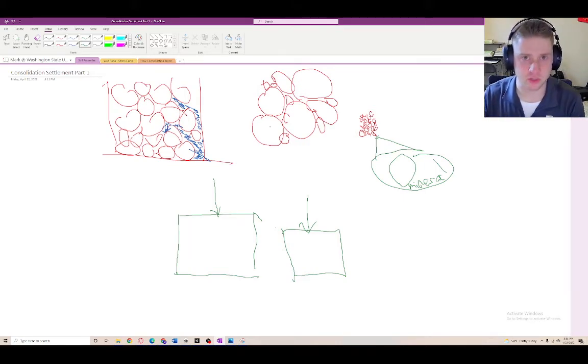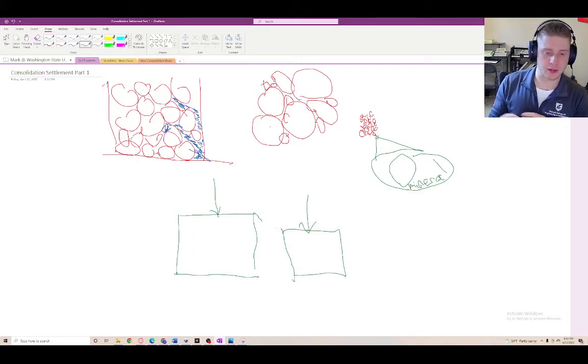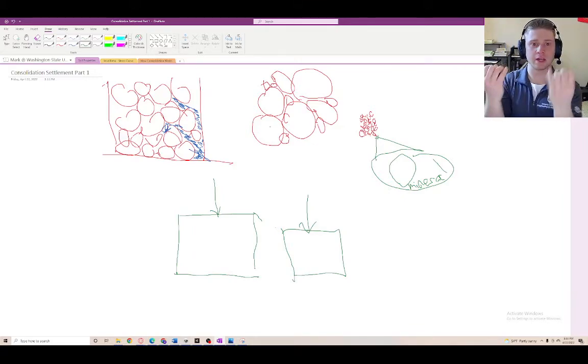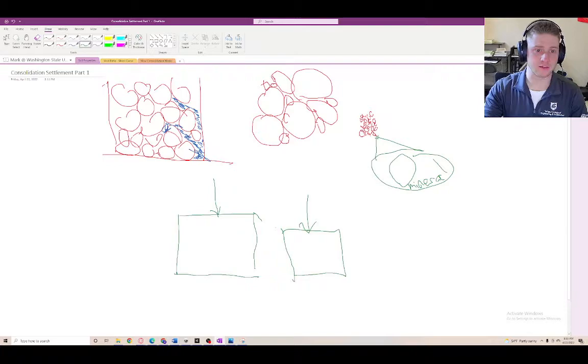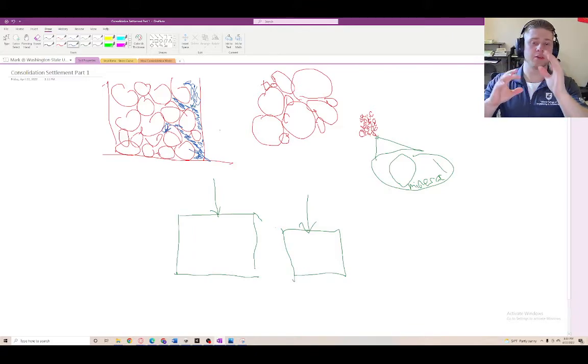Steel is a homogeneous material. It has a crystal structure. It's all connected, right? There's no voids in there. Soil has voids, and I've shaded voids here in blue, just to be precise, right? So soil is not a homogeneous material.